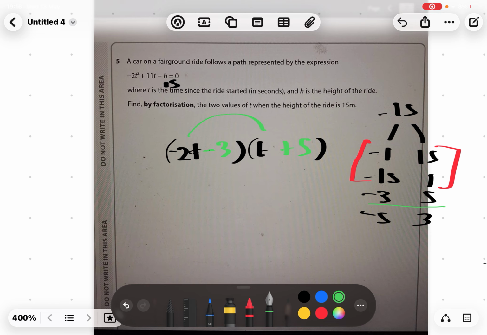This times this equals this, then this times this gives negative 10t, because negative times positive equals negative. Then this times this gives negative 3t, and already we can stop here because these two combined give 13t, and we need a positive 11, so that's all way off.